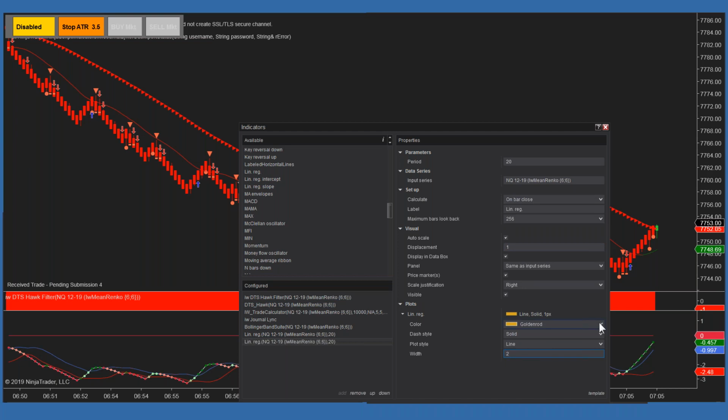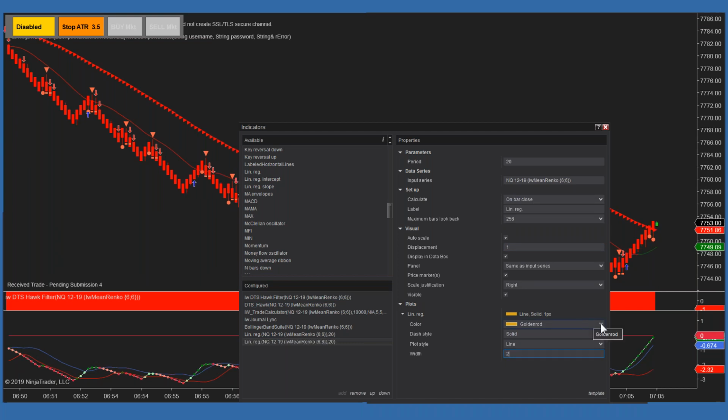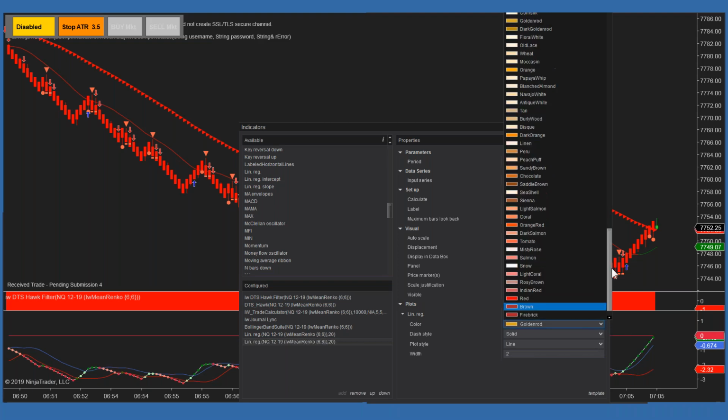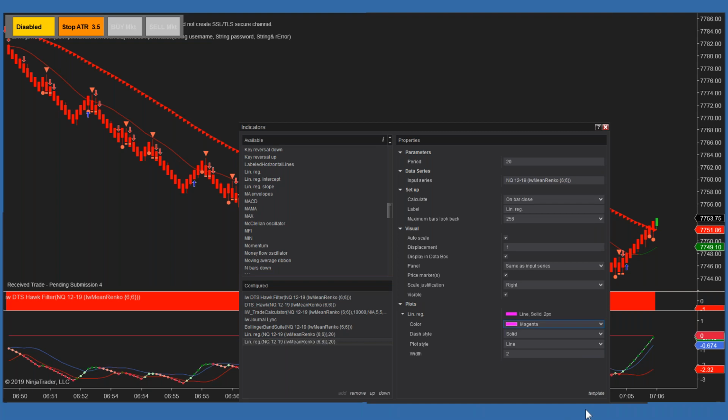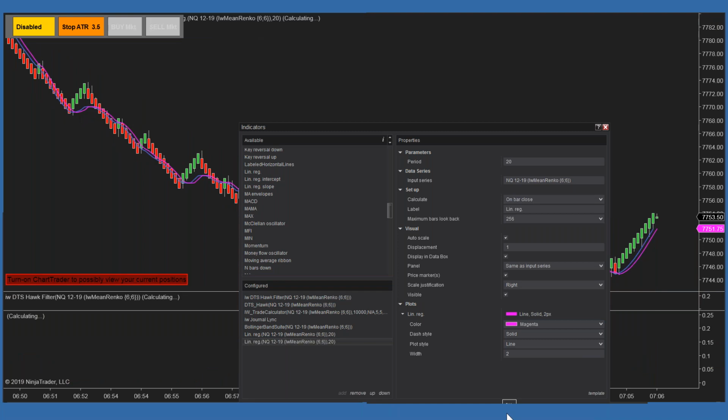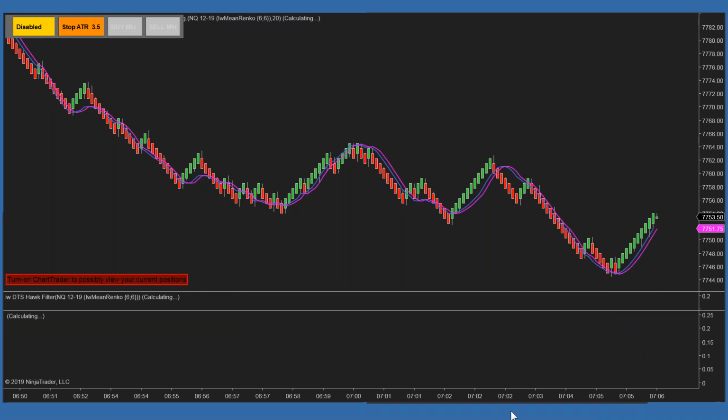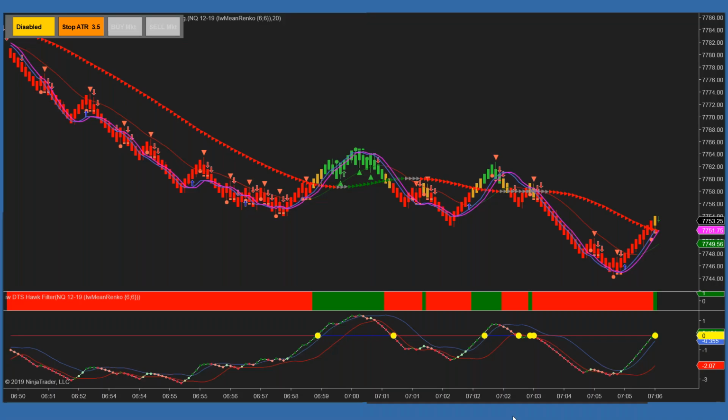We'll make it a magenta. There we go. Violet. Wow. Isn't that psychedelic?